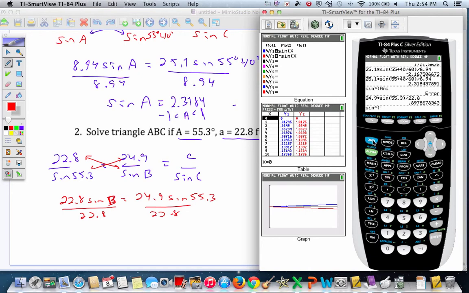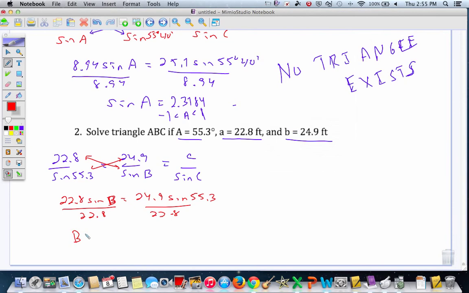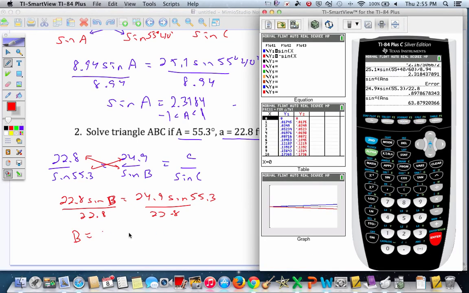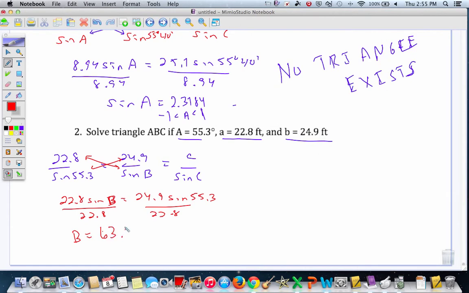So our sine would be 0.8978. I use the inverse to convert that ratio to an angle. So second sine of that answer, and our angle is about 63.9 degrees. We go to the nearest tenth because we're at the nearest tenth right here. So angle B was, I already forgot, 63.9 degrees.